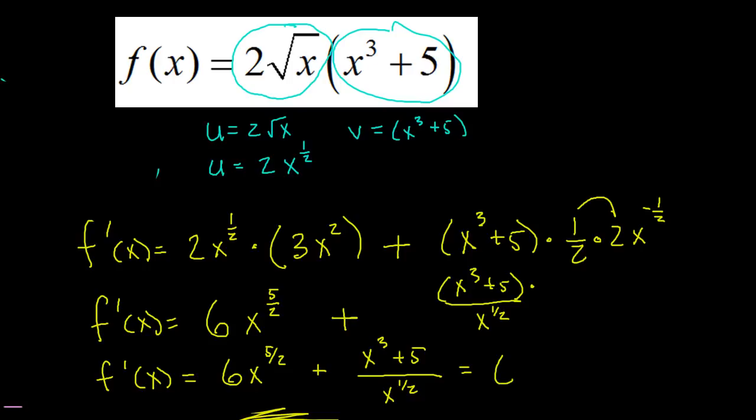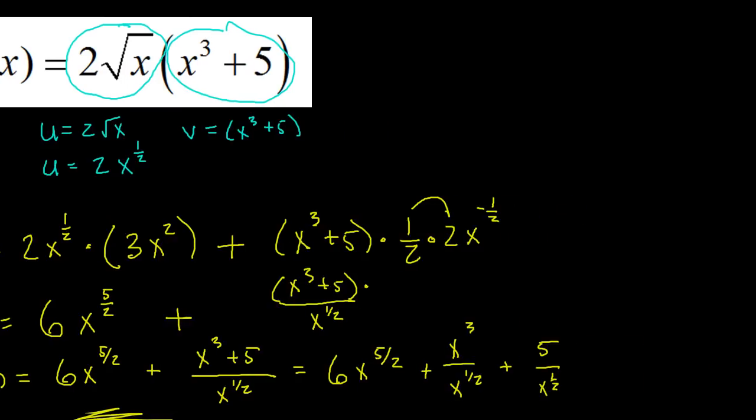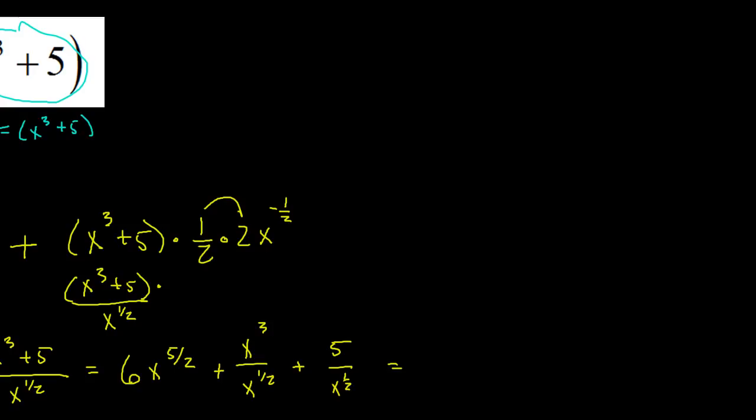Let's keep going. So I got 6x to the 5/2. Now remember, when you're dividing by a monomial, you could divide everybody by that monomial. So I got x cubed divided by x to the 1/2. And then I got 5 divided by x to the 1/2. And I could keep going, right? You got to clean this up as much as you can.